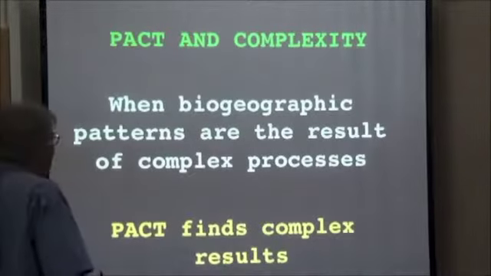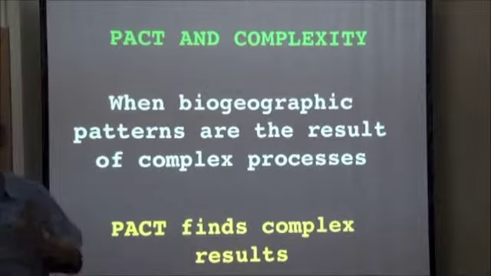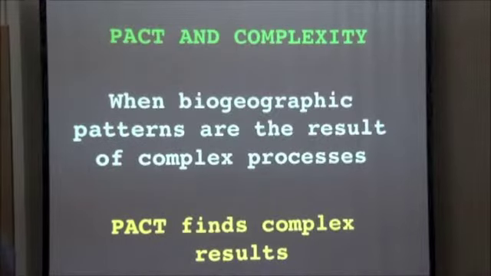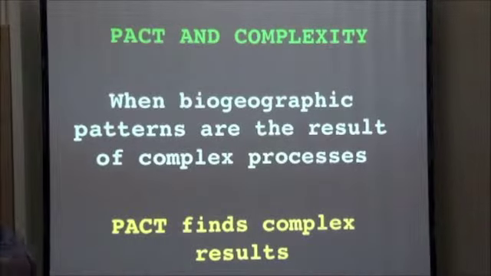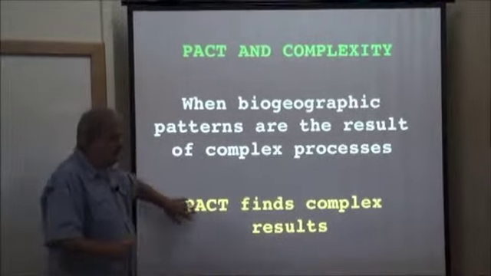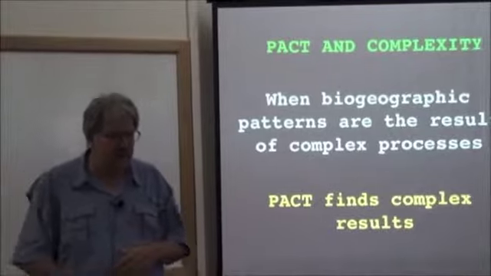However, and it's not just biogeographic patterns, but when any evolutionary patterns show complex outcomes or the result of complex phenomena, then you begin to get differences between what PACT does and what other methods do.